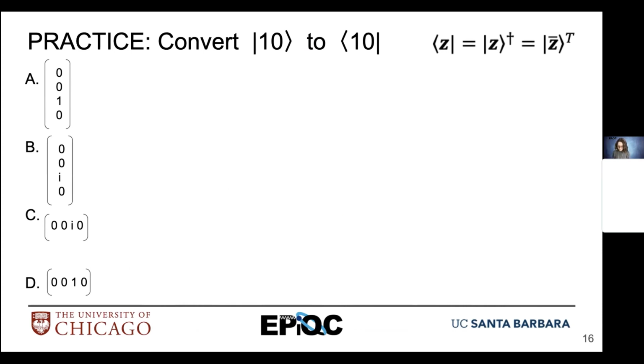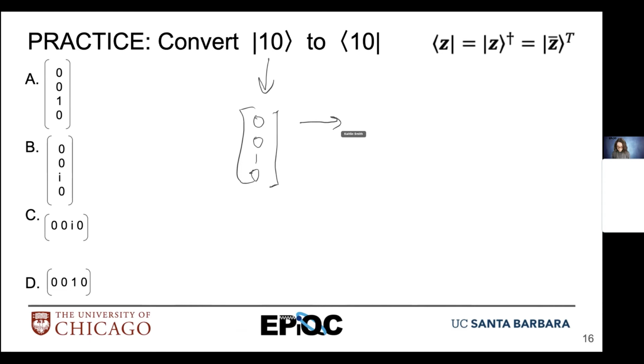All right, so we have most folks responding back with D, and we can go ahead and work this out. We know that we have the following column vector. We have the binary value of 2, so we can do 0, 1, 2, 3 to figure out our column vector with that easy little trick. And then we want to convert it to the bra notation.